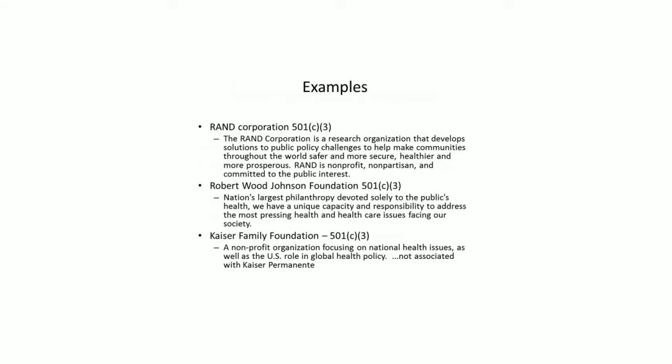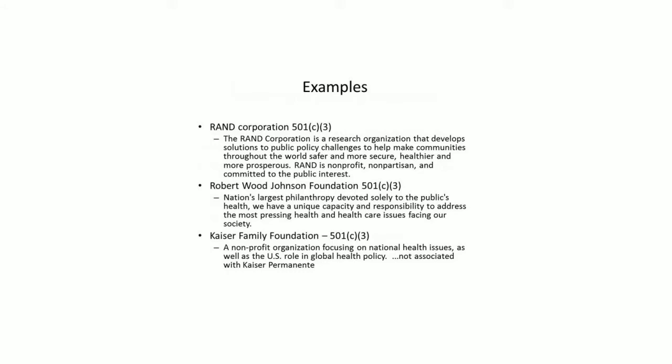Now, all three of these are what's referred to as nonprofit organizations. What's meant by nonprofit is that their organization is designed primarily for education and educating society. They're not designed to sell the information to the highest bidder, and as such, they're given certain breaks in regards to their taxes.